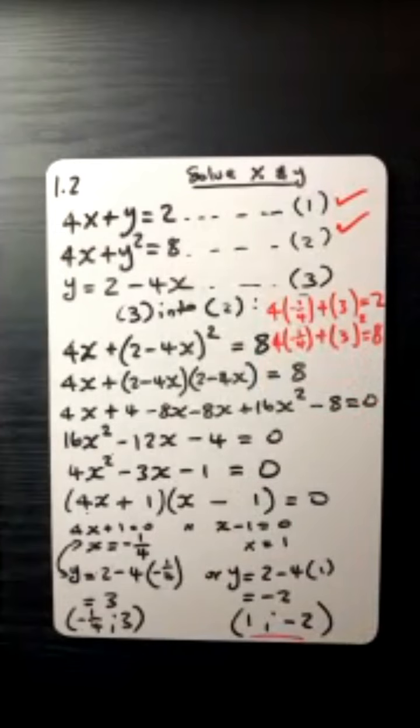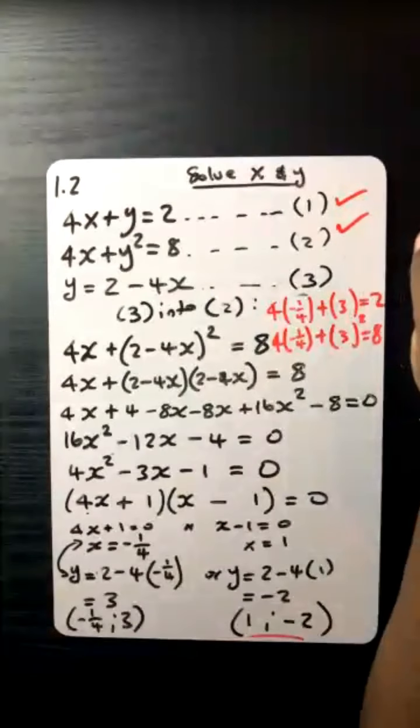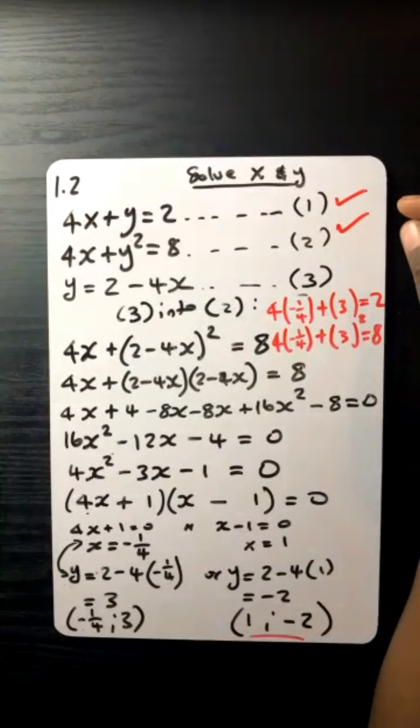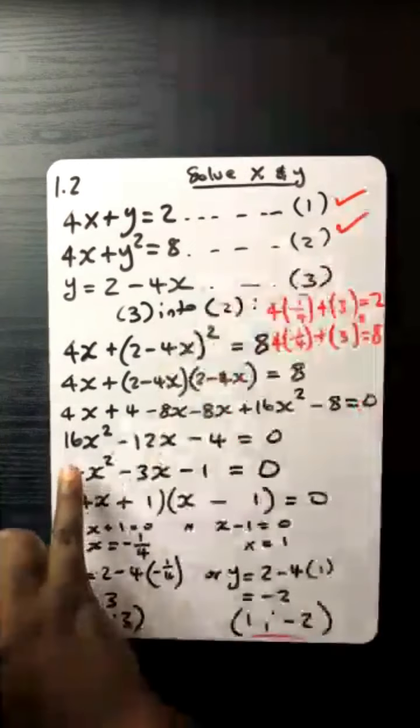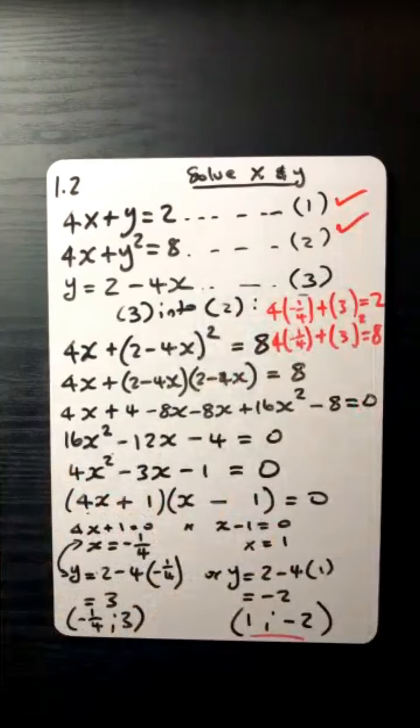So guys, the other tip that I can give you is that when you're dealing with simultaneous equations, normally when you write this in the standard form, you must find the factors.